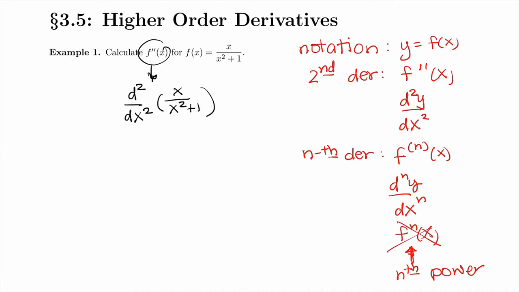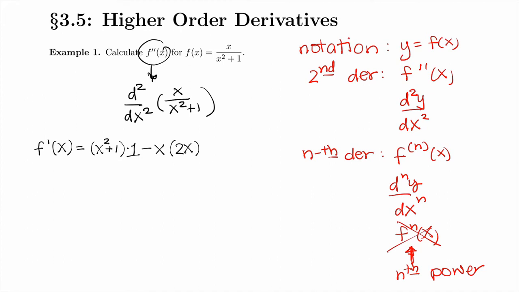If you want to find a higher order derivative, obviously you have to find the derivative before it. So if I want to know the second derivative, I better figure out what the first derivative is first. So here I'm going to do the first derivative and then use it to find the second derivative. Here we have to do the quotient rule. So it's the bottom times the derivative of the top, which is 1, minus the top times the derivative of the bottom, which is 2x.